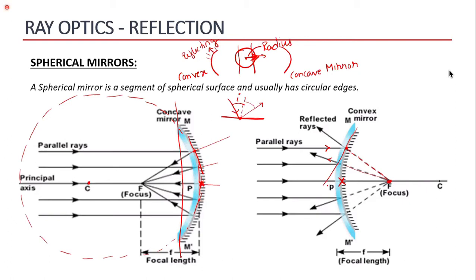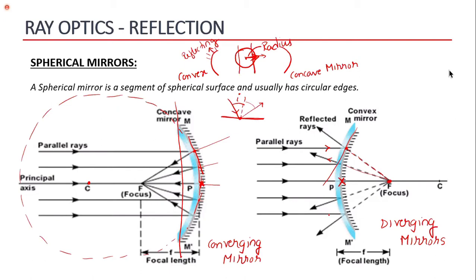Second important point, your concave mirror is also called as converging mirror, because you can see all the light rays are converging. Your convex mirror is called as diverging mirror, because all your light rays are diverging. Clear?